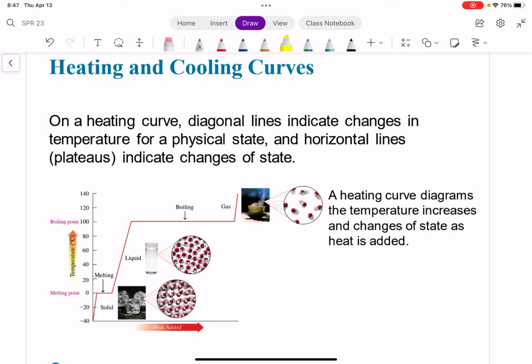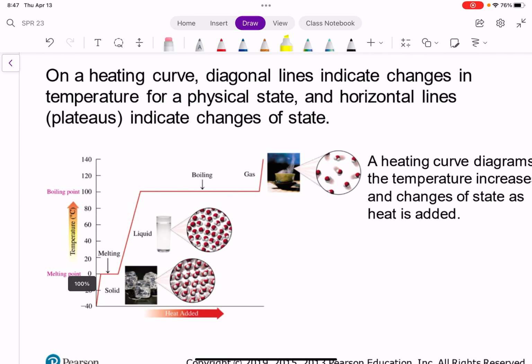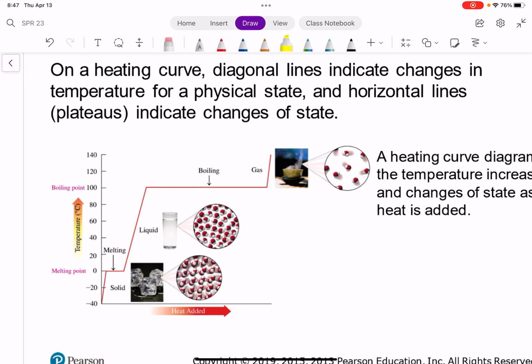So on a heating curve, diagonal lines are changes in temperature for a physical state, and horizontal lines, plateaus, indicate the changes of state happening. So what does that actually mean? Let's zoom in a little bit.